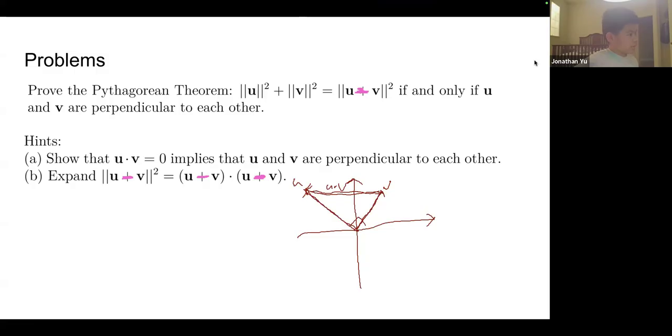Okay, so first we're going to show that the dot product of u and v being 0 implies that u and v are perpendicular to each other. So this comes from the fact that u dot v equals the magnitude of u times the magnitude of v times the cosine of the angle between them, theta. So we're going to assume that u and v are non-zero.